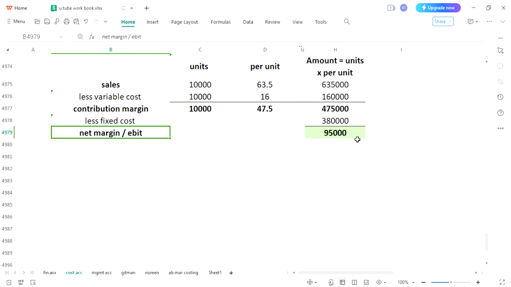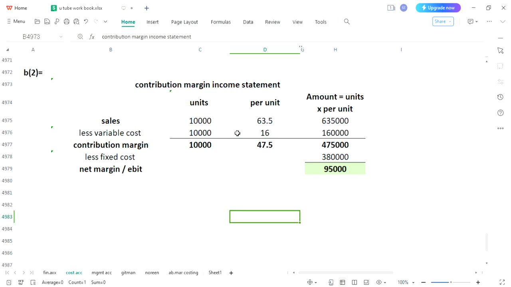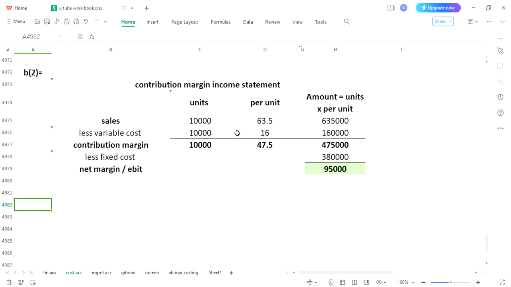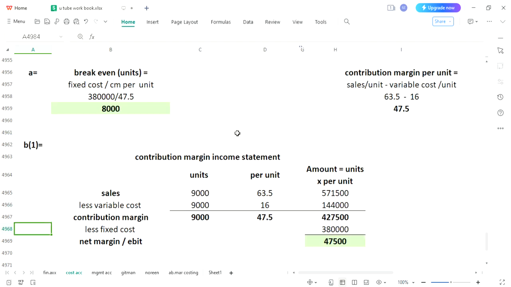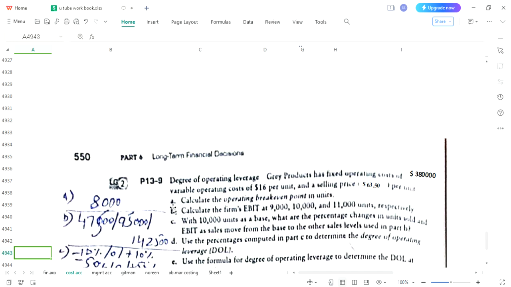In this way you have completed your second part of B, and now we will calculate the third part of B, where you will make again an income statement. Since it was required in our question, look over here B, and there are three answers. Why?